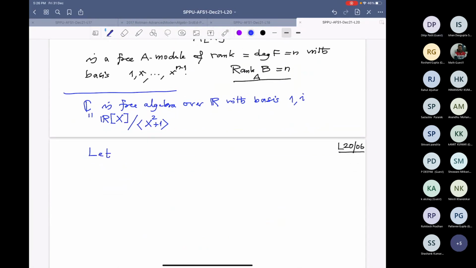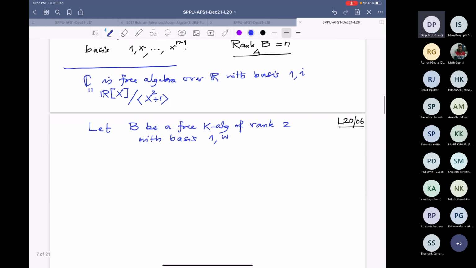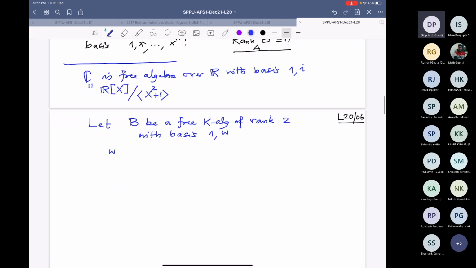Let B be a free K algebra of rank 2, and I will fix a basis with basis 1 and W. So therefore I will look at W square.